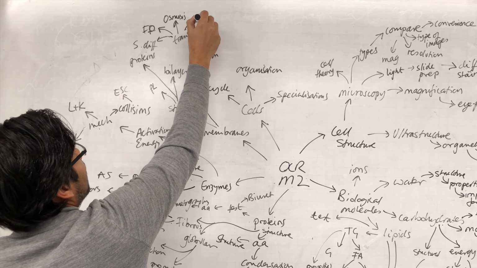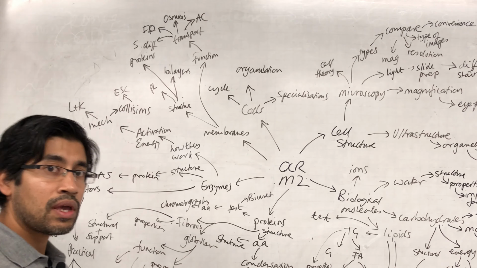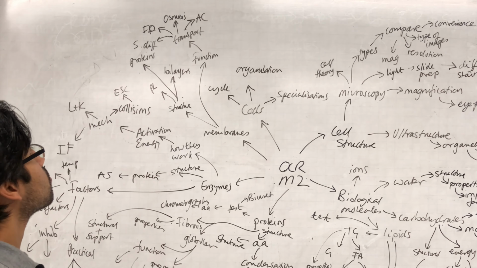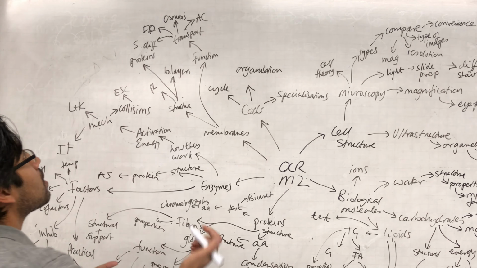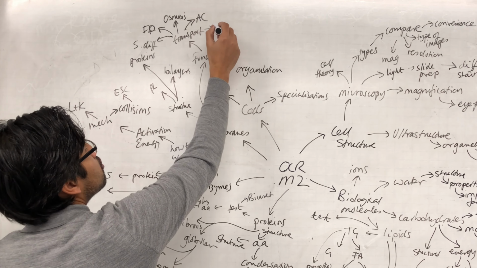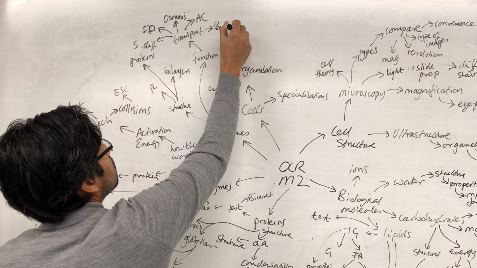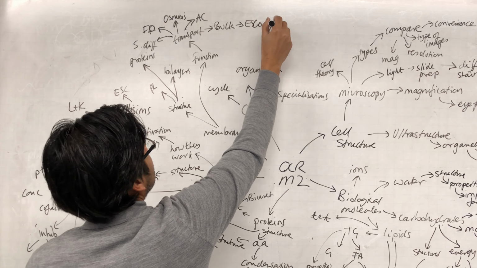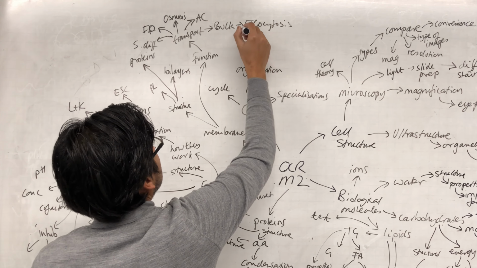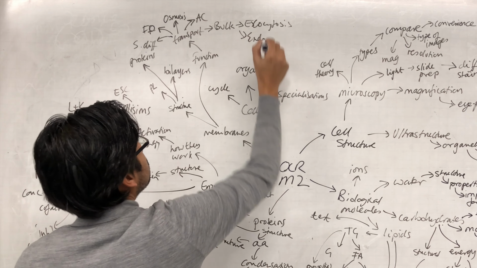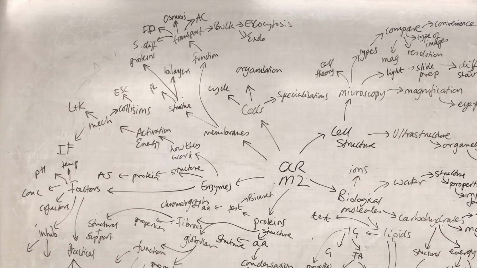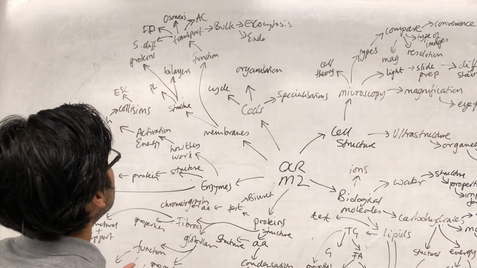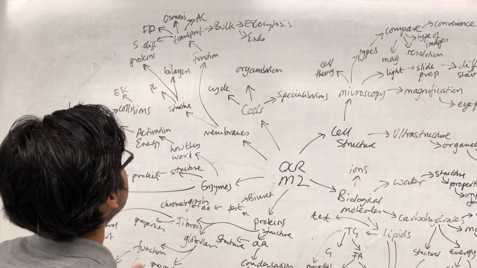We might have active transport, pumping carried out by proteins using the energy available in the cell. And we're going to have the bulk transport, exocytosis, endocytosis, and so on.